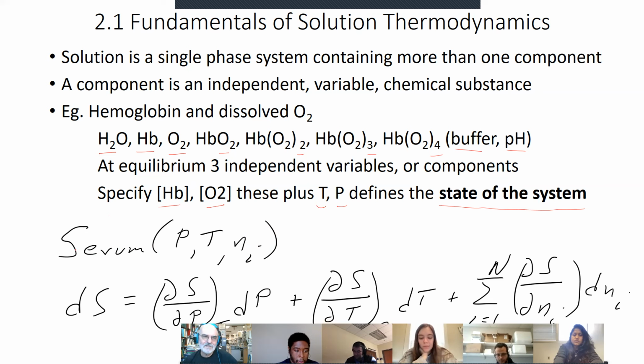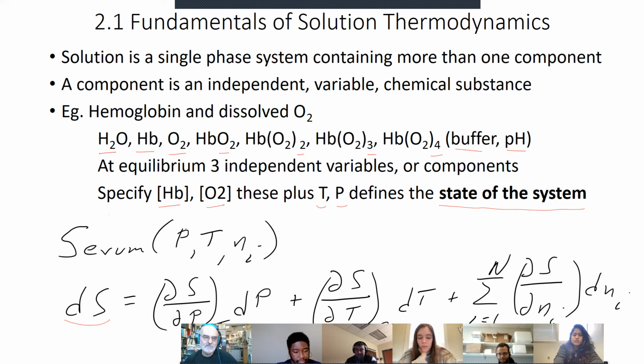So I'm writing this down as a serum, a mixture of hemoglobin and oxygen. Serum will generally have lots more stuff, but let's break it down to its essential stuff that we care about. I can write down the total differential of the serum in terms of the 3 components or multiple components.